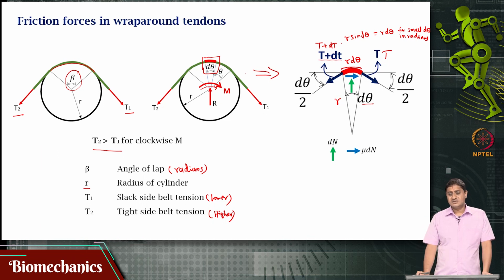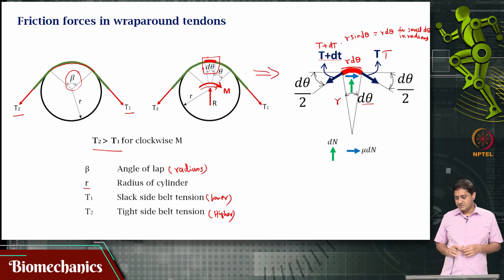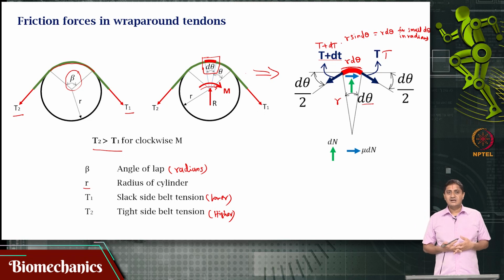Now, our interest is to assume that an equilibrium has been established and study the nature of this static equilibrium in this element that is of interest for us. Okay. This is our goal. Our goal is to assume that static equilibrium has been established and we are interested in studying this static equilibrium in this small element. Okay. So, we have capital T on the right and we have capital T plus dT on the left.